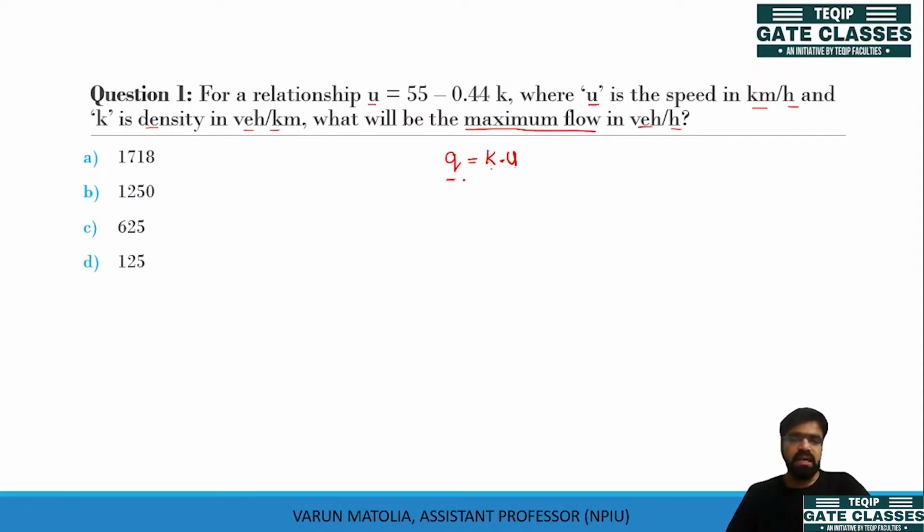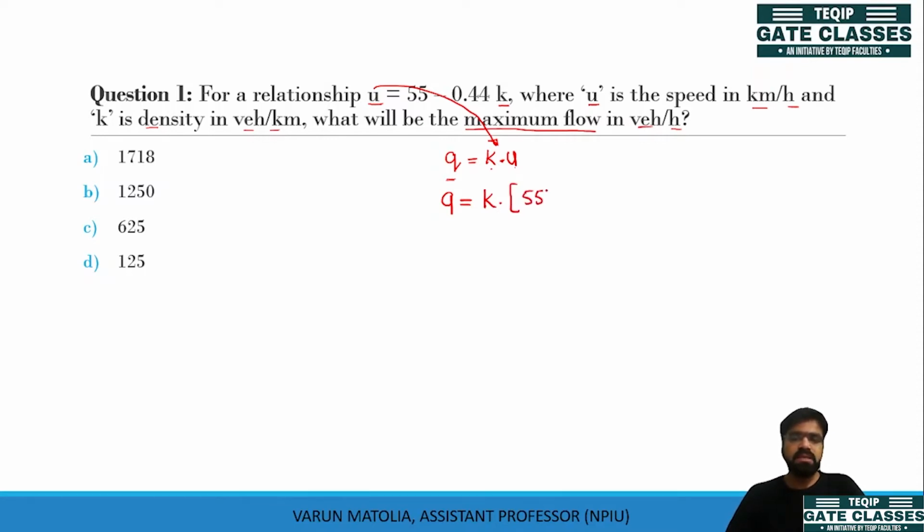We know this is the flow for this given density and velocity condition. So as in the question we have a relationship between u and k, in order to bring this relationship in terms of flow, we can bring this u equation here. So we can write q is equals to k times this equation.